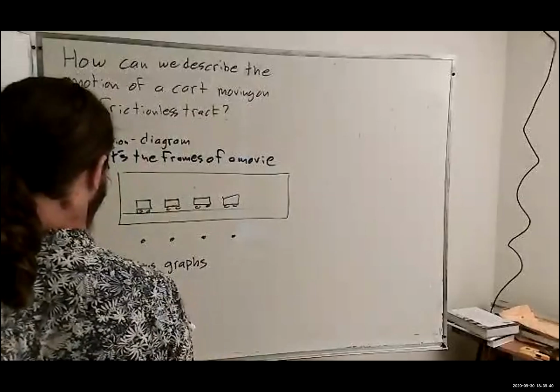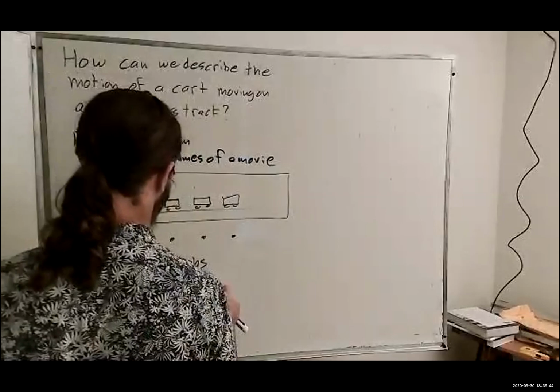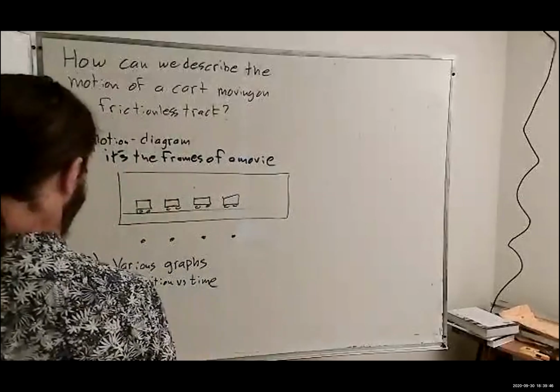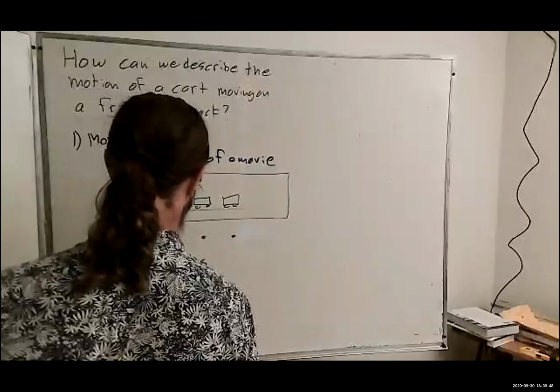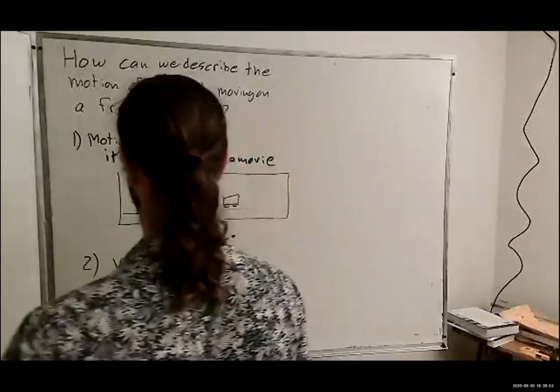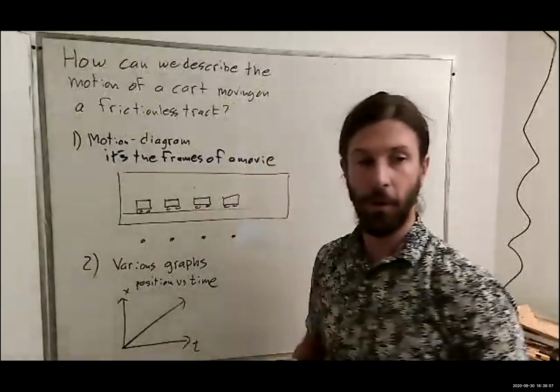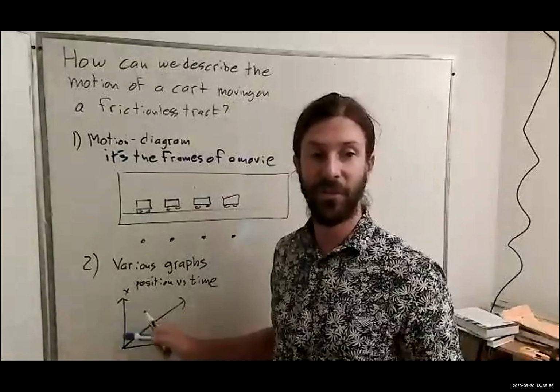Position versus time. So this graph here might be a way to describe the motion of the cart. Now this is X versus T.